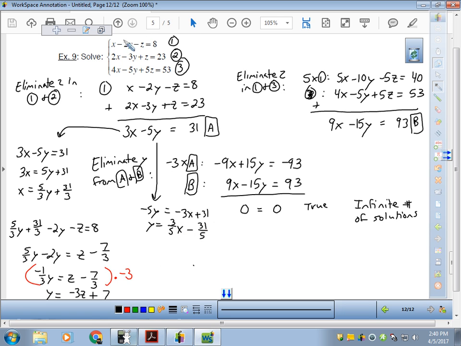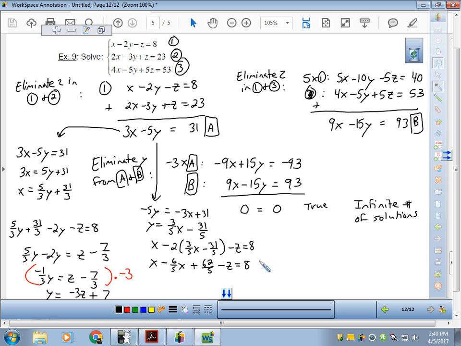Take that, plug it in for the y up here in equation 1. x minus 2 times 3 over 5 x minus 31 over 5, minus z equals 8. So distributing this in, you'd have minus 6 over 5 x plus, let's see, it's going to be 62 over 5, minus z equals 8.